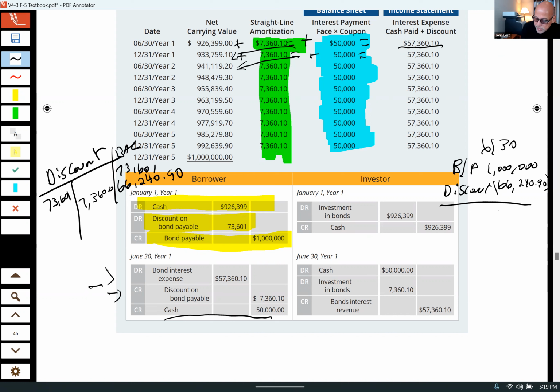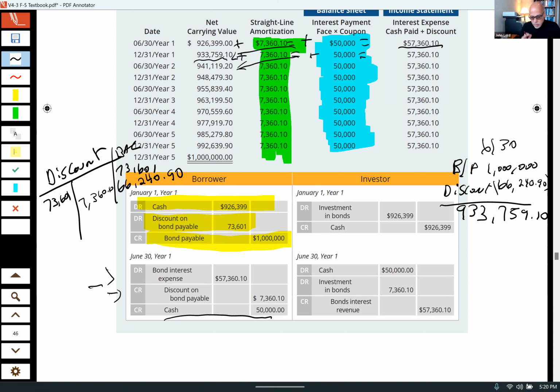Okay, we subtract that discount from the bond payable, 1 million minus 66,240.9 gives me $933,759.10, which I could have just gone ahead and looked up here at the table to see what the new carrying value is. So as you amortize, the discount comes down. When the discount comes down, the carrying value of the bond comes up.